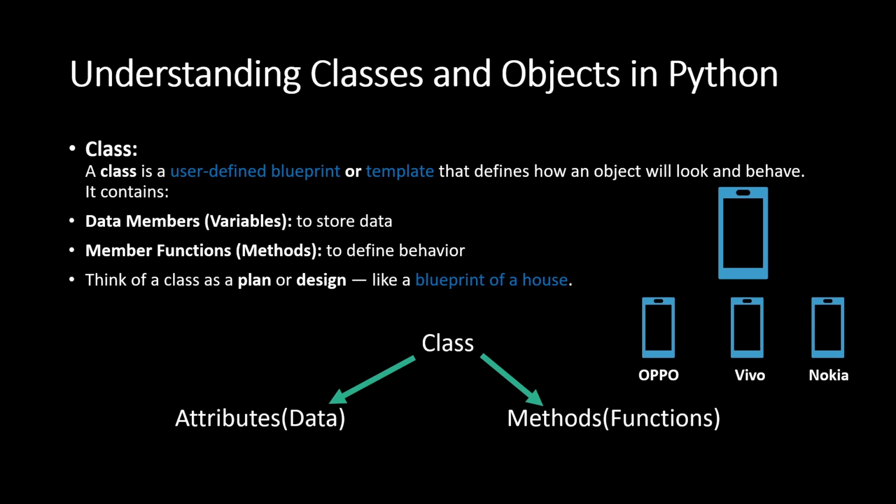Just like, let's say I am creating a class phone. All phones have a calling feature, YouTube feature, and other features, but every phone inherits from that phone class, like Oppo, Vivo, Nokia. So a particular phone is an object of that class phone, right?